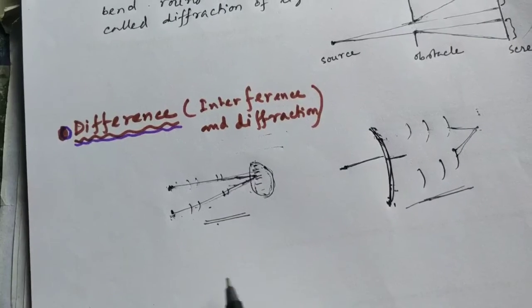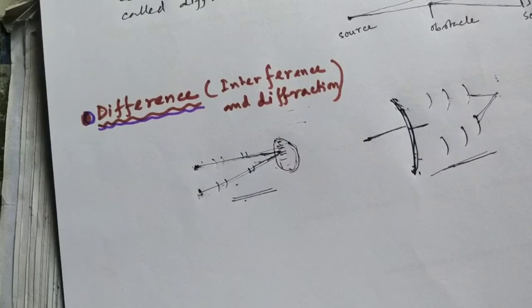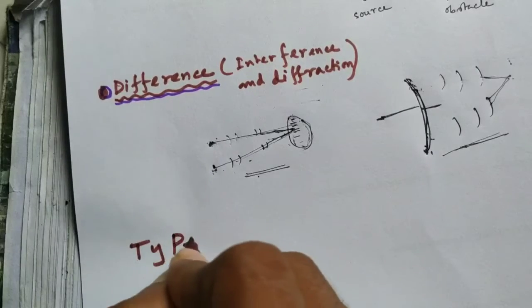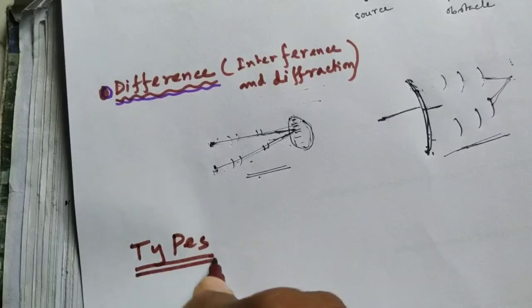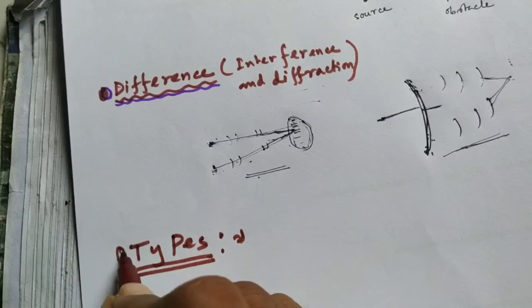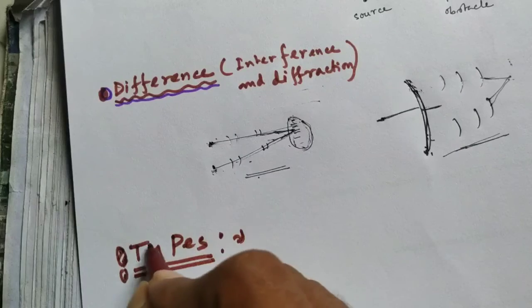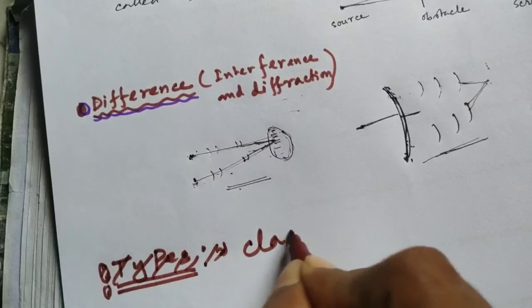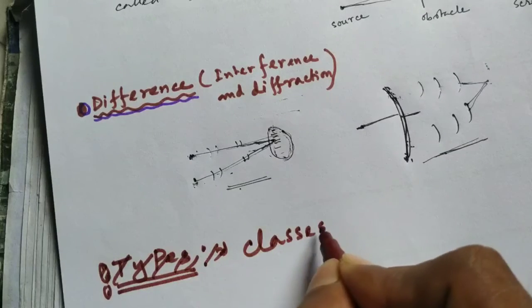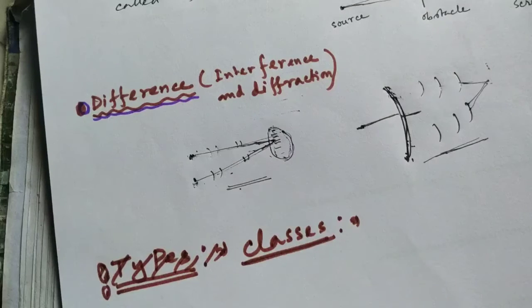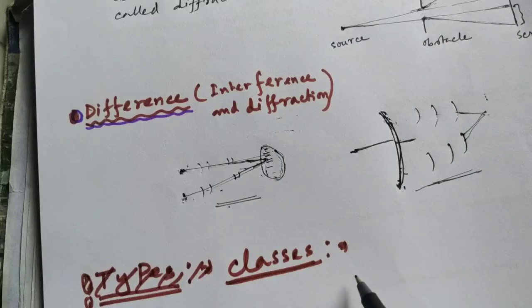Now the types, or classes. There are two classes of diffraction.